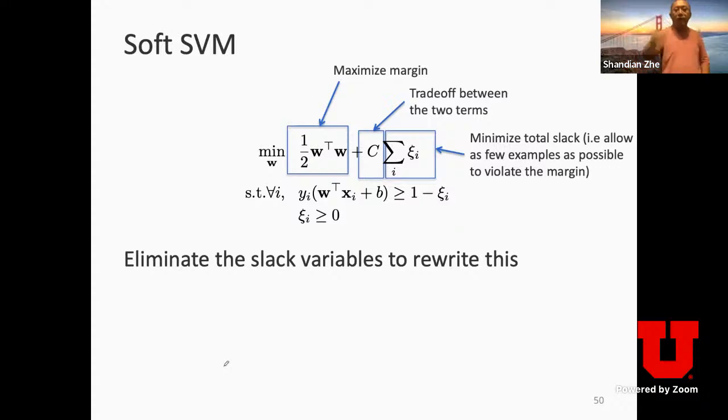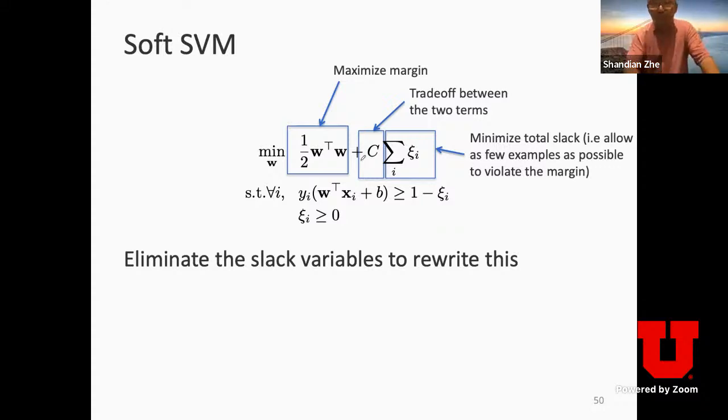Okay, so let us consider how we optimize this problem, because now we have a formulation for training, the training procedure, which essentially is to solve this constrained minimization problem, right?